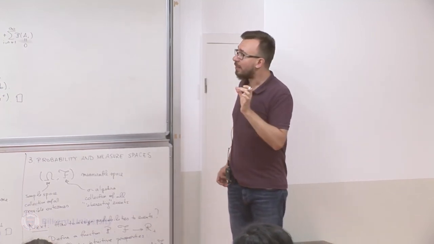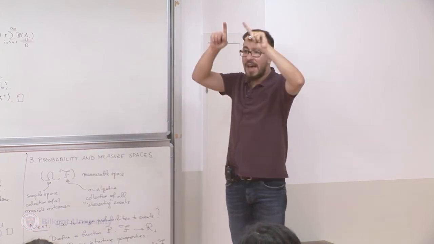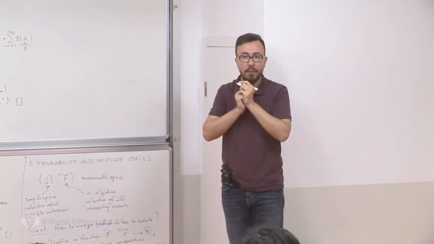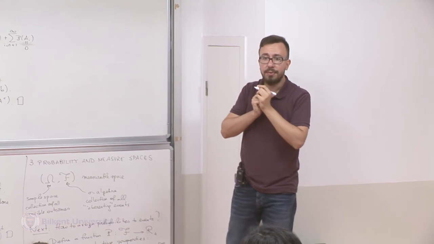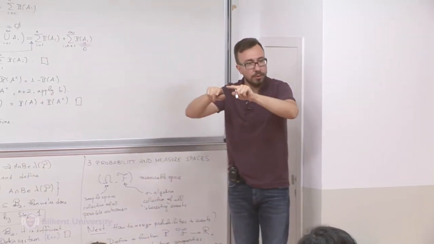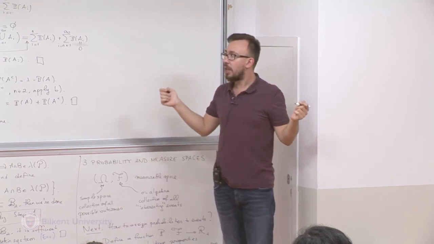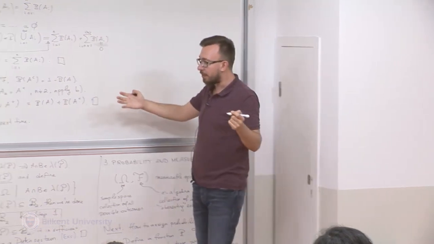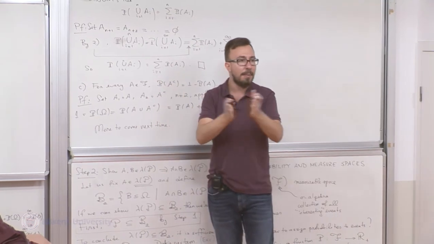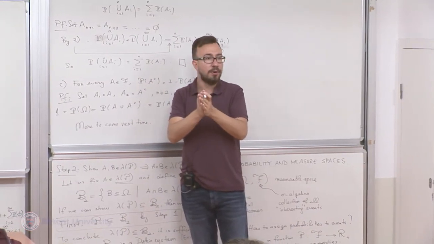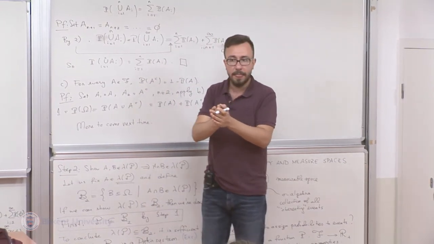So if you tell me the probability of the singleton event of omega 1, if you tell me the probability of the singleton event omega 2, and so on, we're done, because using countable additivity of probabilities, we can always add them up and get the probability of any event you want.